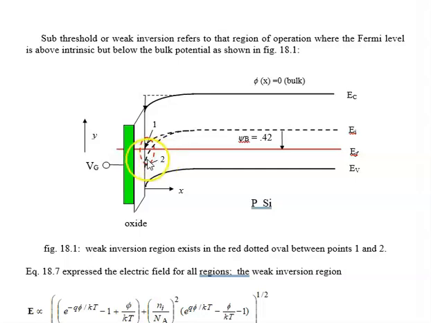At point 1, the depletion region is maximum, and as the gate voltage increases, more and more electrons, of course negative electrons, are attracted to the surface, and the surface has a mobile layer of electrons until we get to point 2, which is a threshold where it has 10 to the 17th per cubic centimeter of electrons.